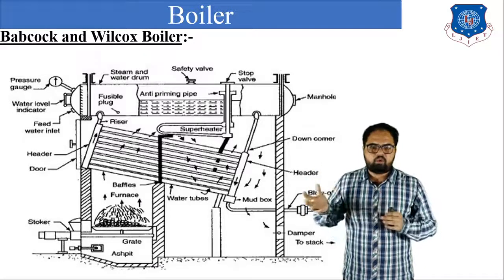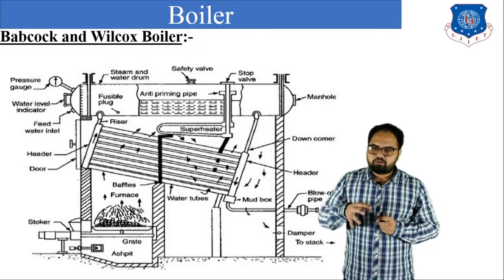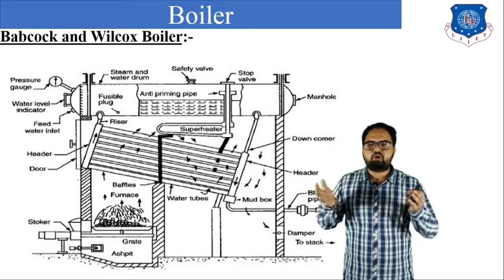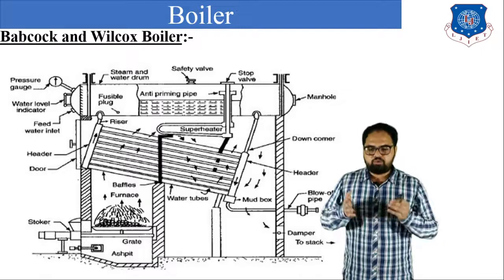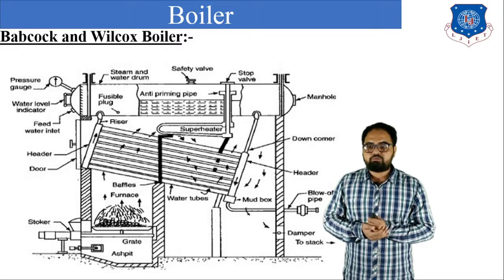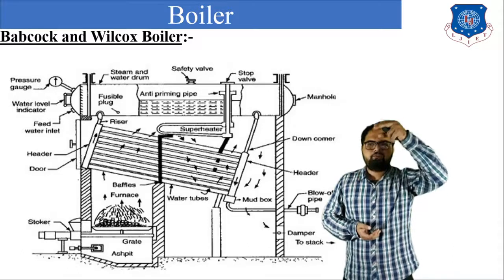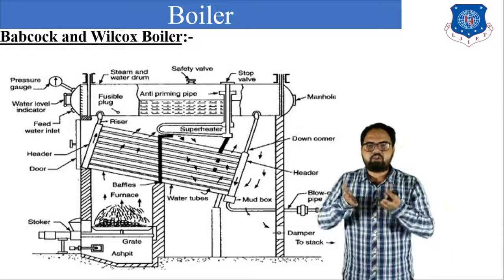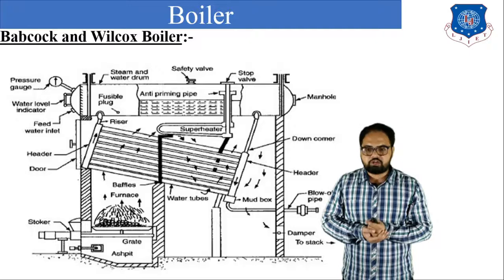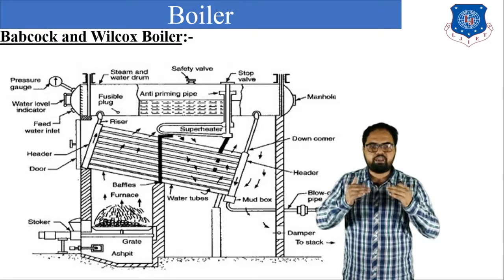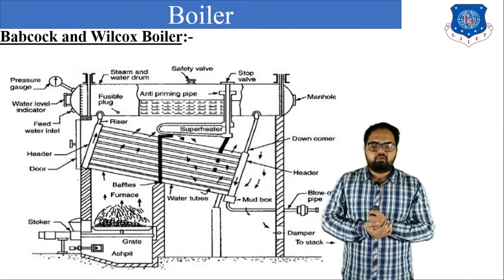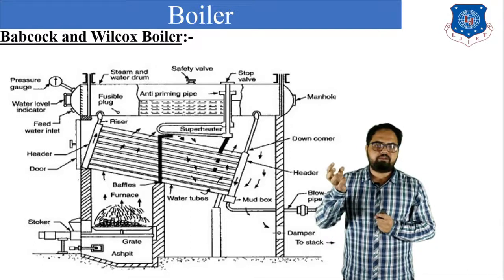After that, the coal is introduced to the furnace, and combustion of coal takes place. Due to the combustion of the coal, hot flue gases are generated, and those hot flue gases come in contact with the number of water tubes, give their heat to the water tubes, and the water tubes receive the heat.